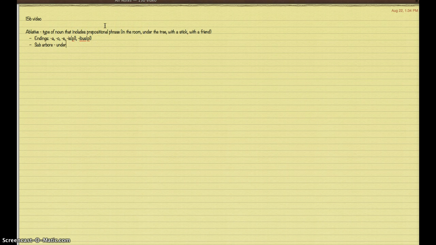So under the tree. And then we can make it plural, but we don't change the preposition. That stays the same. But we are going to change the ending from an E ending to an ibus. Okay. And that will change the translation just a little bit, under the trees instead of under the tree. Okay, just a quick example of what that's going to look like.